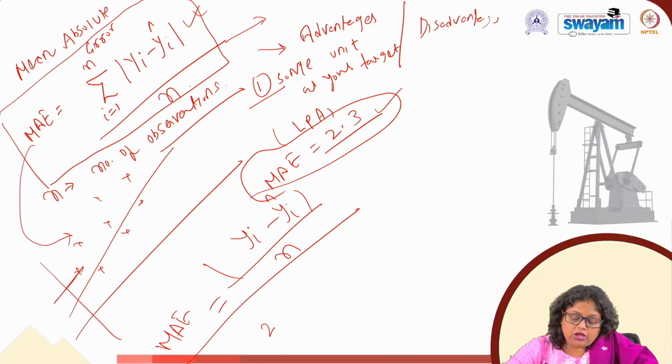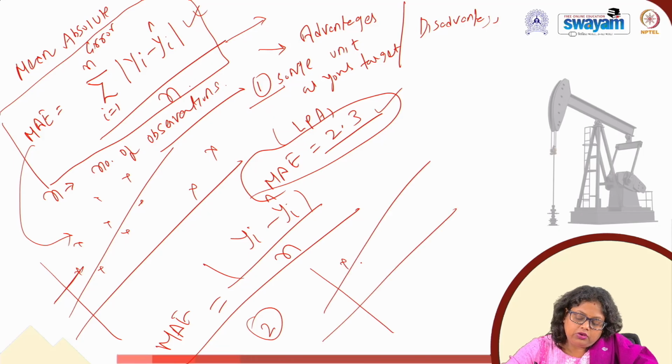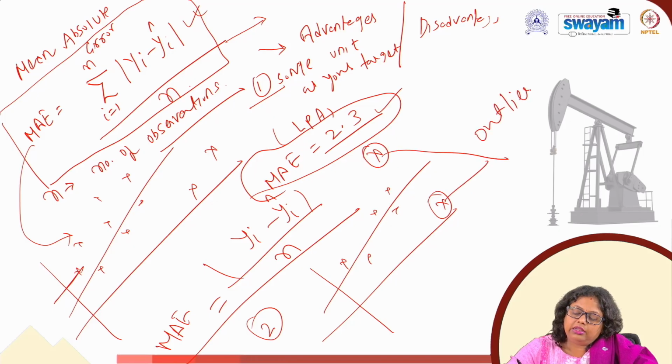Second, consider outliers. Suppose some points are here and some points are here; these two points are the outliers.